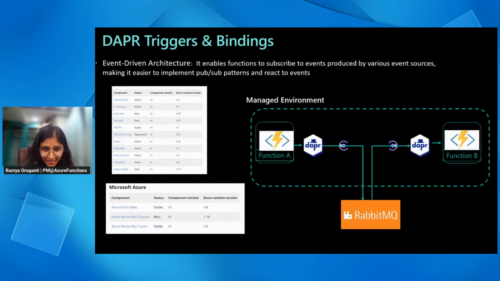In those scenarios, what they could do is use the PubSub component they like locally, do the local development and testing, and deploy the same app to Azure Functions using the Container Apps environment, and configure the service bus as a PubSub component.